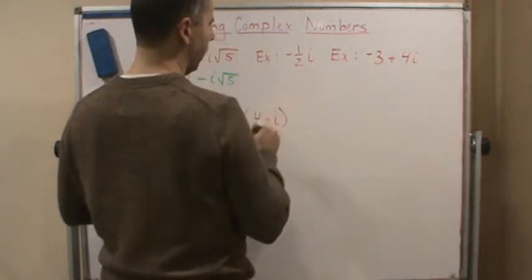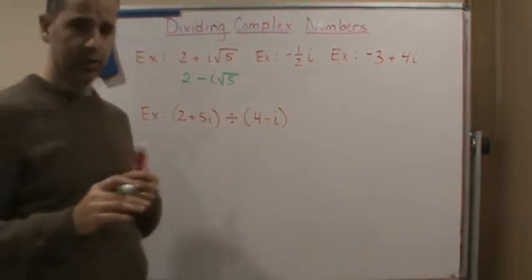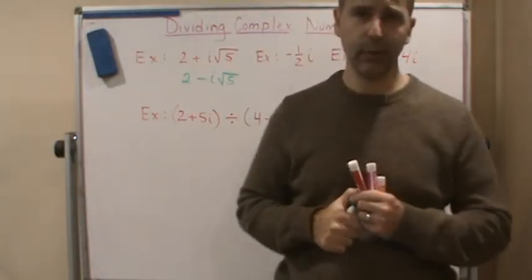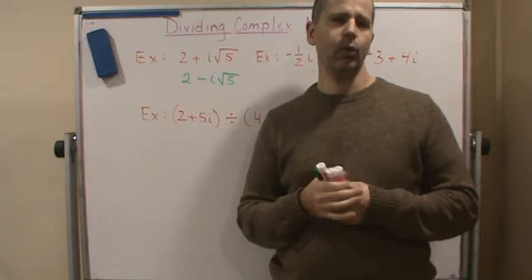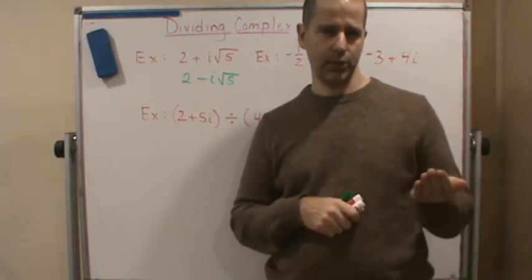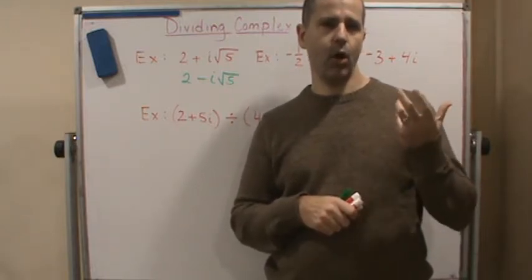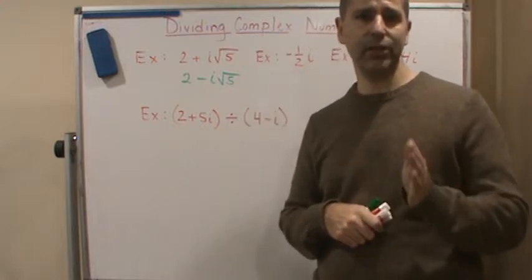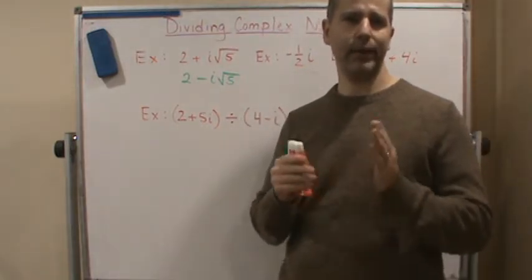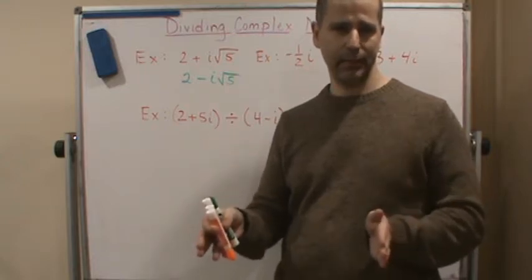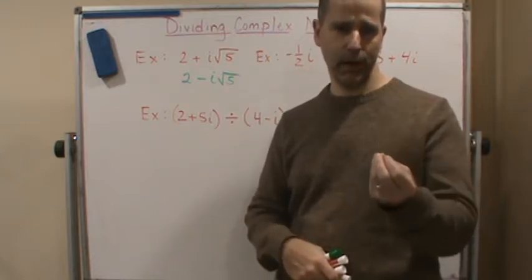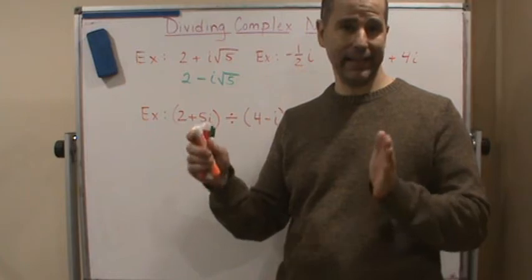Now, just by the way, when we divide complex numbers, we want to use the conjugate, but we only need to use the conjugate if we have a complex number in the denominator. If we just have an imaginary part, we don't need to find the conjugate.